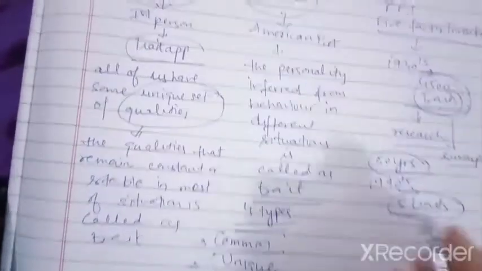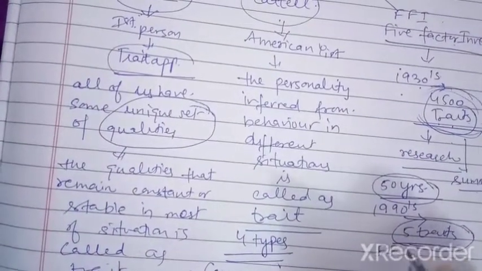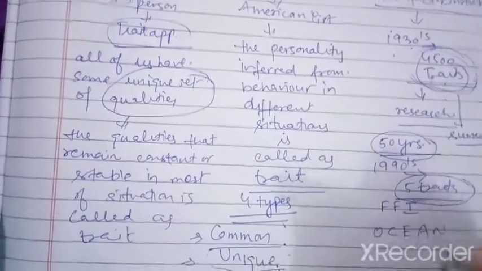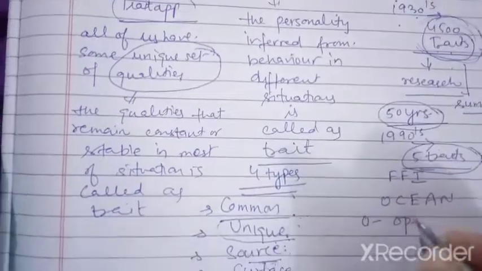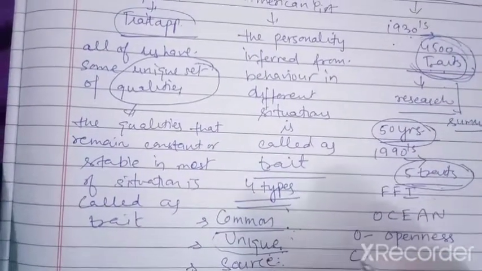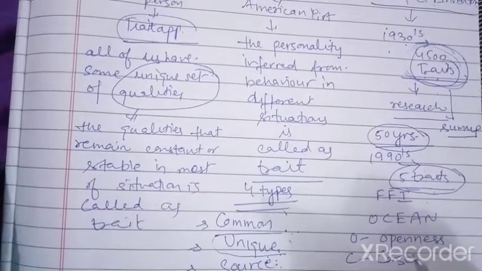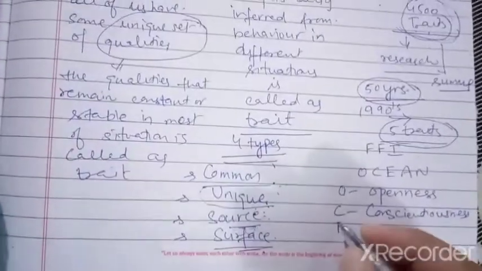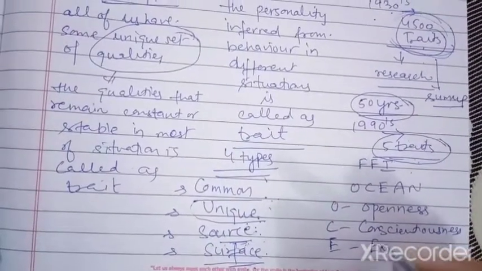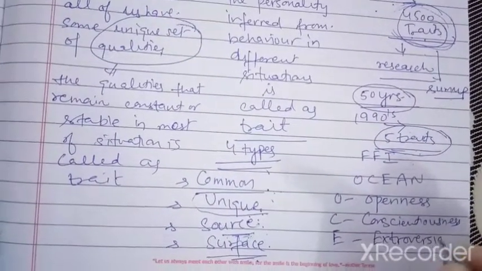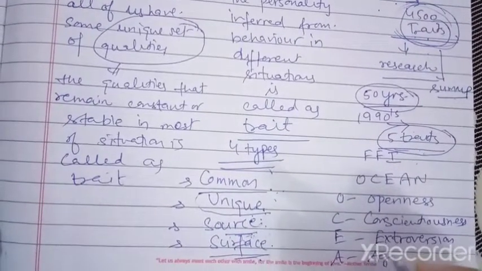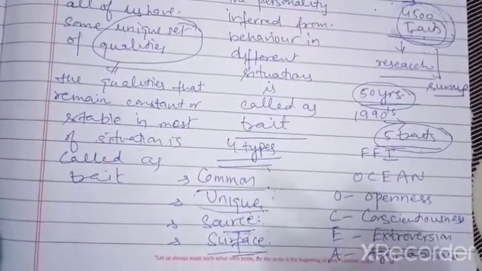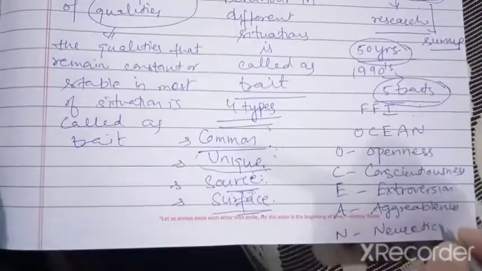This five factor inventory is called OCEAN, in which O is for openness, C for conscientiousness, E for extroversion, A for agreeableness, and N for neuroticism.